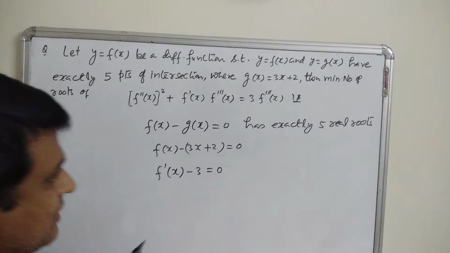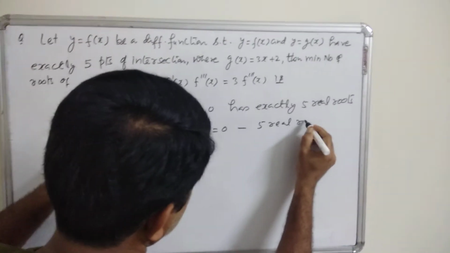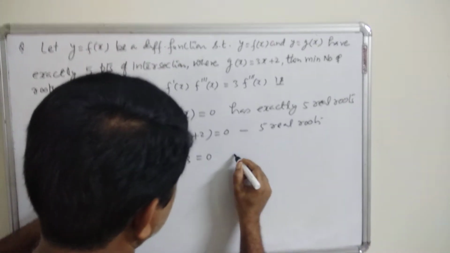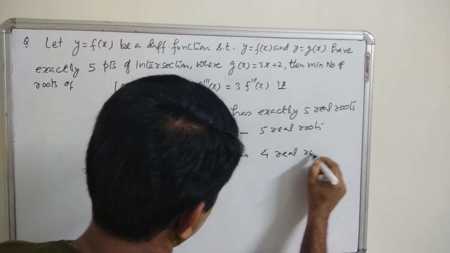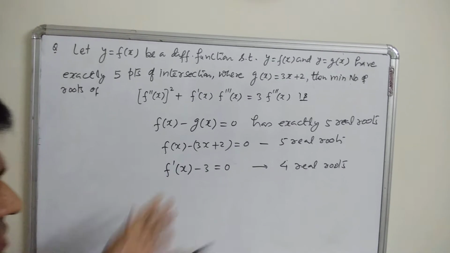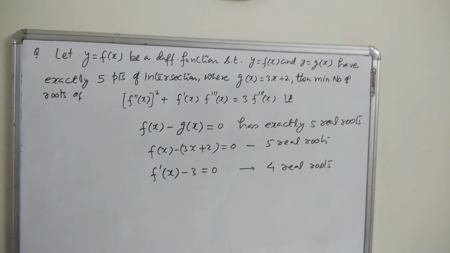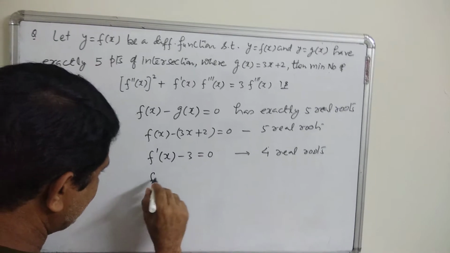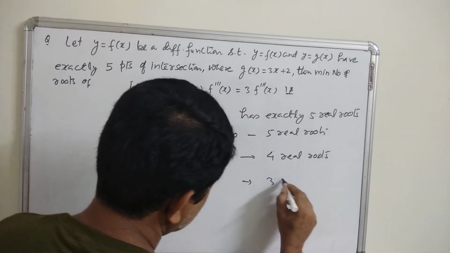Now guys, understand, if this equation has 5 real roots, then this equation will have 4 real roots. This is the connection between the number of roots of a function and its derivative. Further, the derivative of this, that means f double dash x is equal to 0, will have 3 real roots.